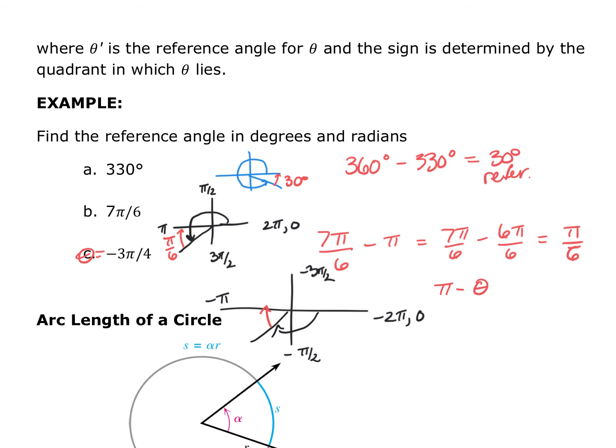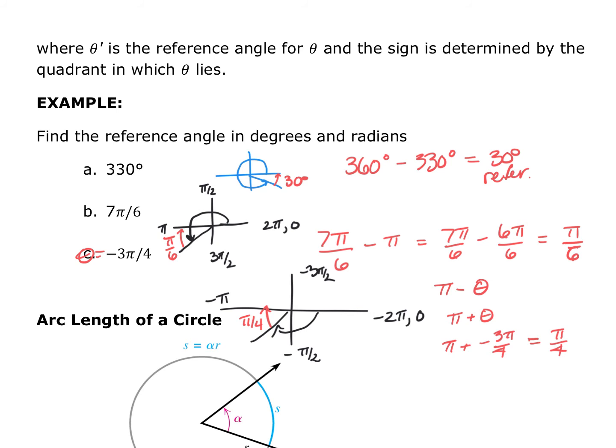And that's going to give me a number that is not a reference angle. So do pay attention to your negative. Instead of doing pi minus theta, do pi plus my theta because my angle is negative. So I'd have pi plus the negative 3 pi over 4. And so my reference angle is pi over 4. So this is pi over 4. So be paying attention to your angles.